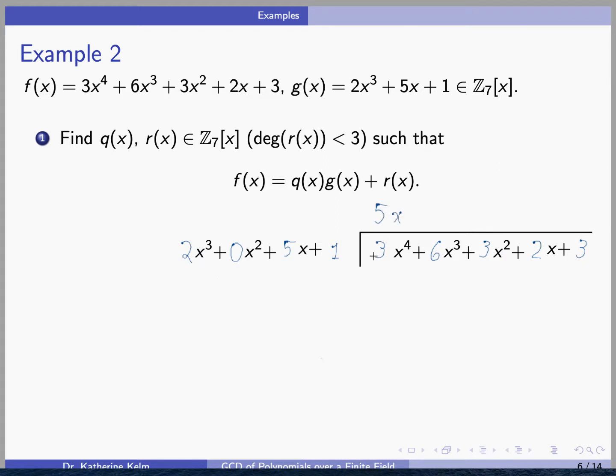Then multiplying this through, 5 times 2 is 10, which is 3 in Z7. So that's 3x to the 4 plus 0x cubed plus 5 times 5 is 25, which is 4 in Z7, and plus 5x.